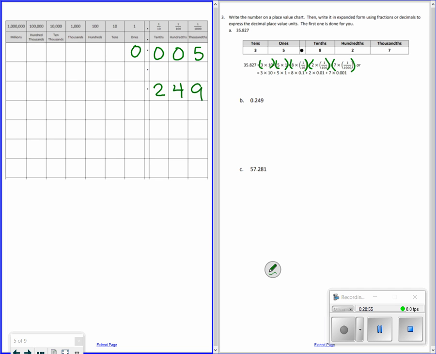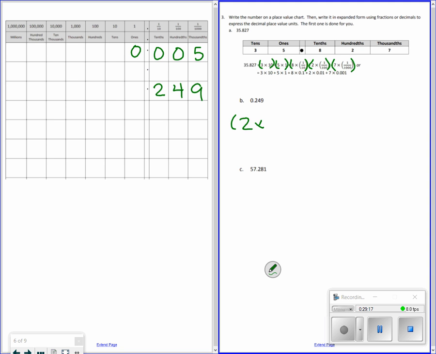This is what we practiced just a little bit ago. So, do you have to write the 0? No. So what would be the first thing that you would write? 2 times 1/10 plus 4 times 100 plus 9 times 1,000.